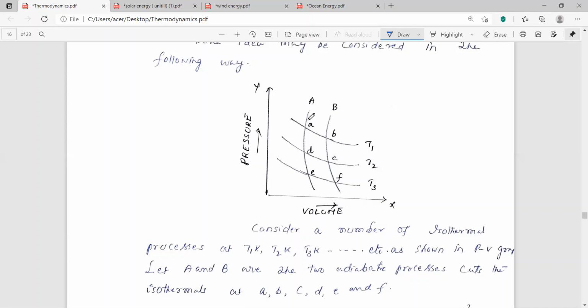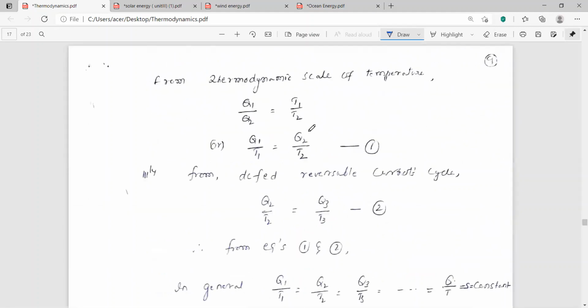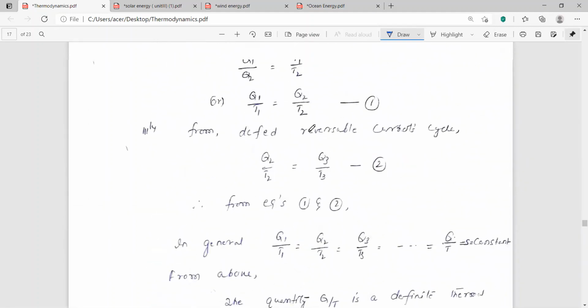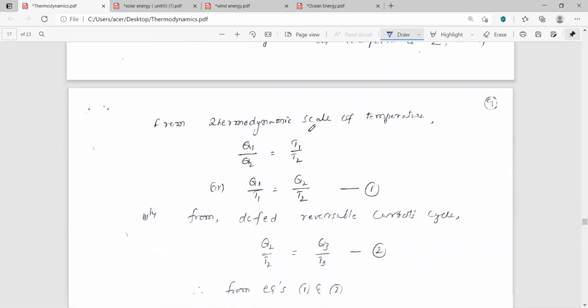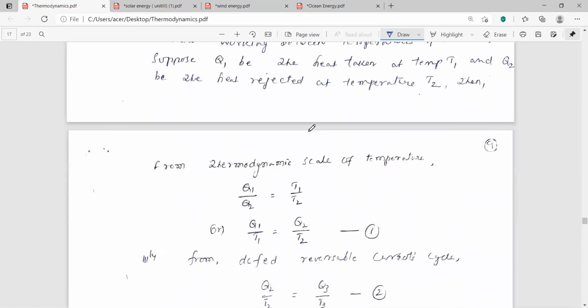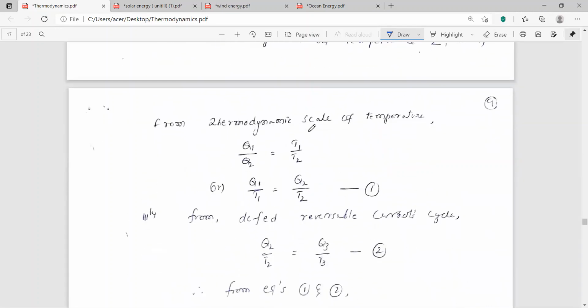From Carnot cycle A, B, C, D, from the thermodynamic scale of temperature, we can write Q1 by Q2 equal to T1 by T2. From that, we can write Q1 by T1 equal to Q2 by T2.